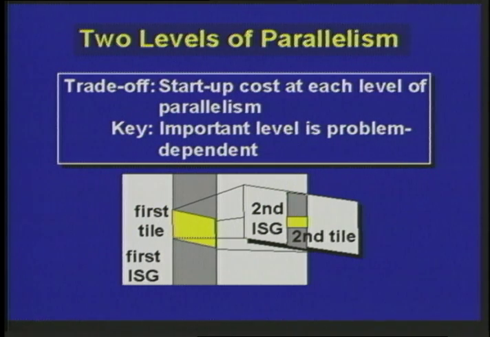And in fact, we can show you how this works, that you may actually want to choose to make a non-optimal choice at one level of parallelism so that you can get a better choice at the other level of parallelism. That is, we can actually trade off the startup costs by making these choices of the tile shapes.